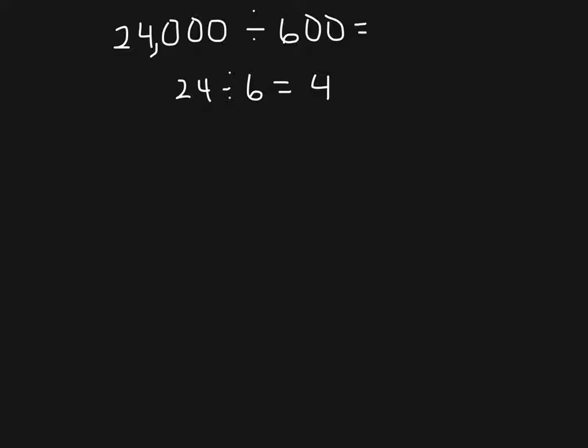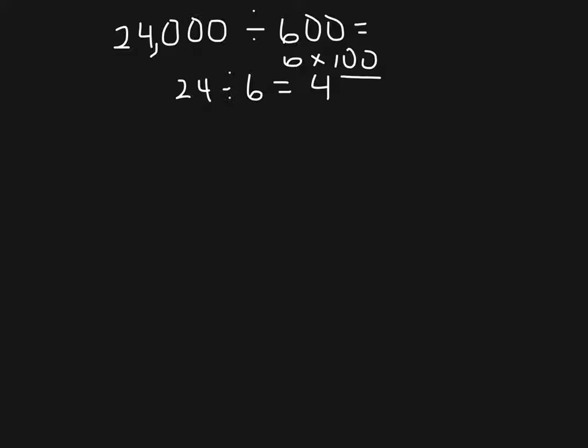So for this one, I'm going to think of 600 as 6 times 100, or my unit is hundreds, okay? So instead of thinking of this as 24,000 divided by 600, I'm going to think, how many hundreds are in 24,000?